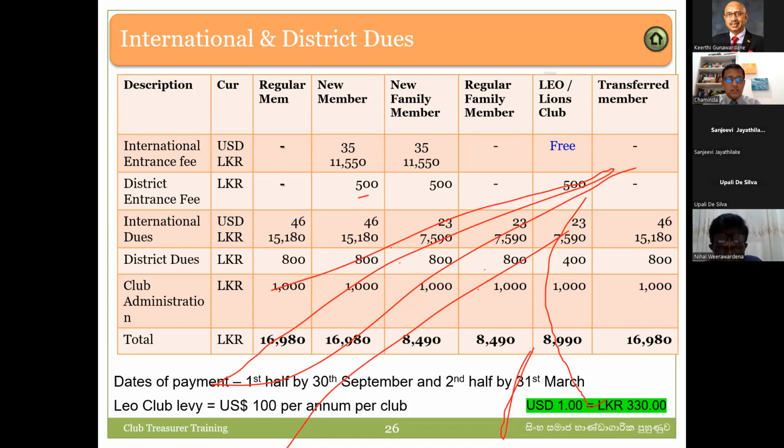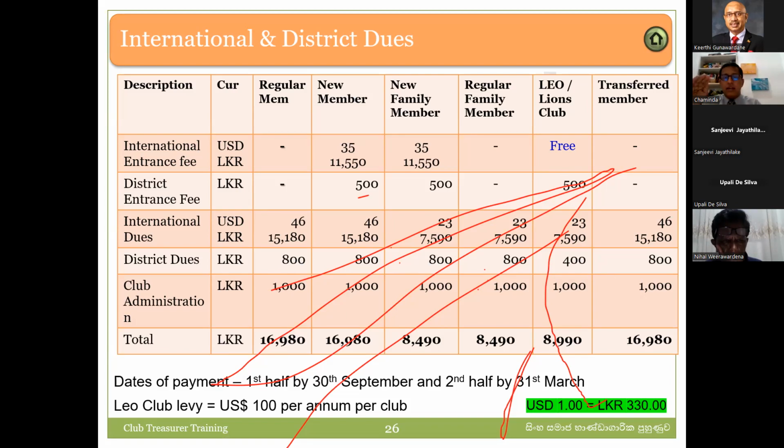Then district dues. Sorry, it is not 800 here, the district dues are 1100. There is a small mistake here. District dues have increased. Right, not 800. Please note, ladies and gentlemen, this is 1100, and for Leo Alliance it is 550. Okay, half. District dues do not reduce for a family member.